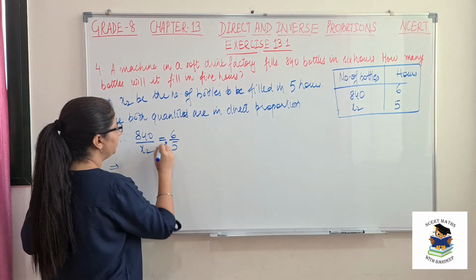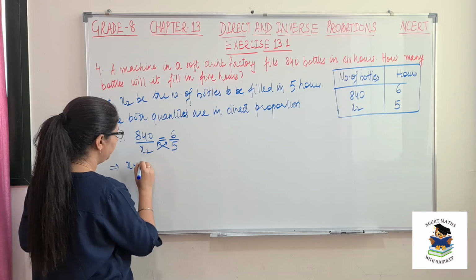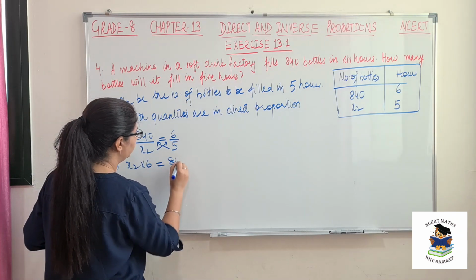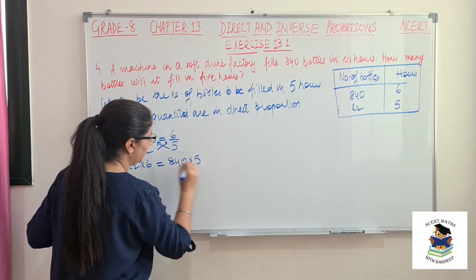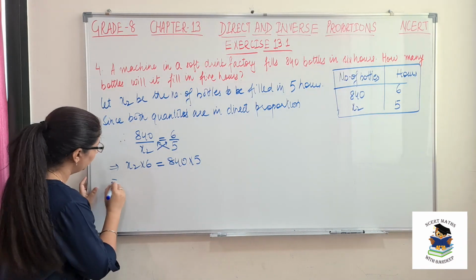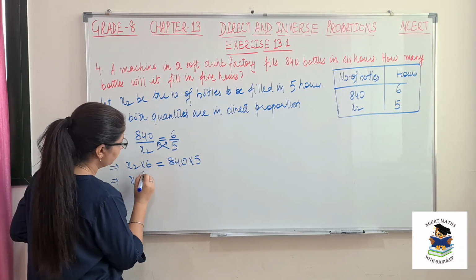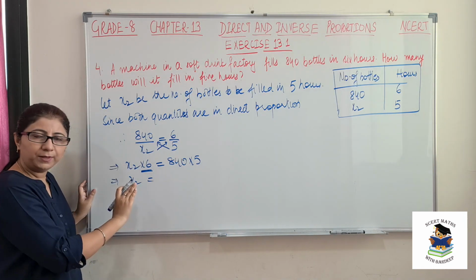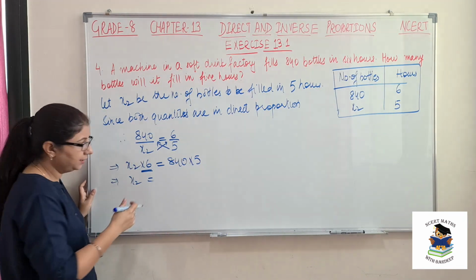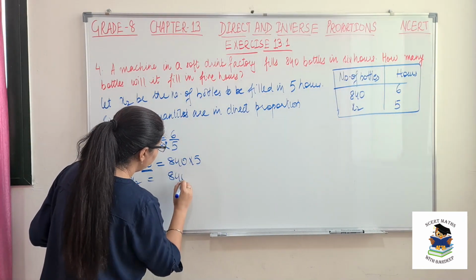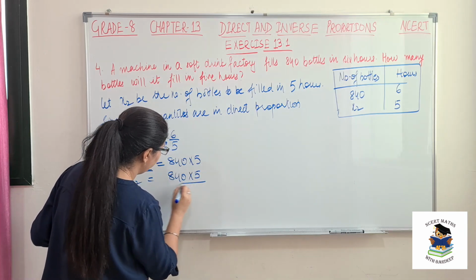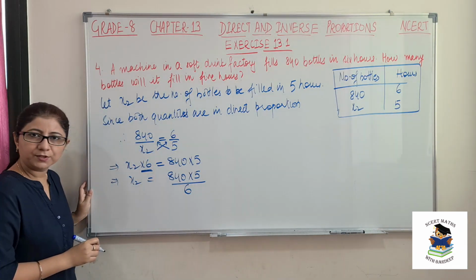So we will cross multiply them, that is x2 multiplied by 6 is equal to 840 multiplied by 5. So what is the value of x2? Since x is multiplied, on this side it will be divided. So 840 multiplied by 5 over 6.